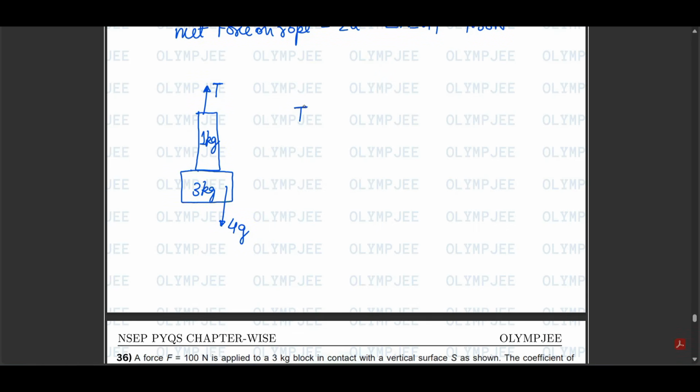So T minus 4g is equal to 4a. So T is equal to 4 times g plus a. So 4 times 9.8 plus 2.19, which will be approximately equal to 47.96 newtons.